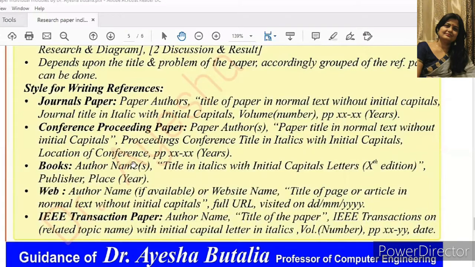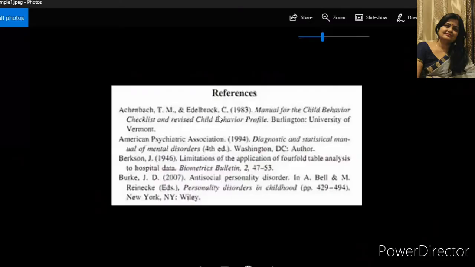Okay, so let's see with an example. If you can see this example, this is the author name. It may not be very clear, but I think it would be understood. We are not getting exactly the reference, just an example. These are the author names, and they have specified the year.